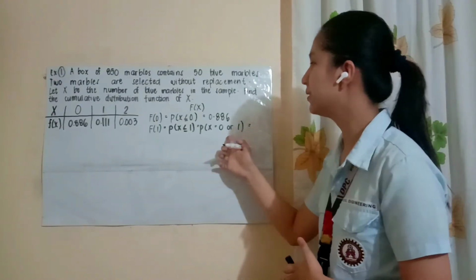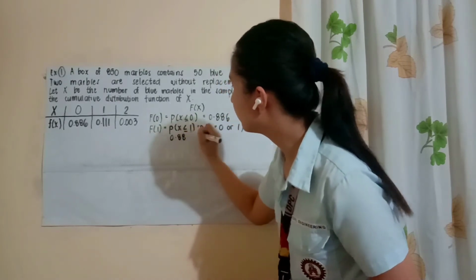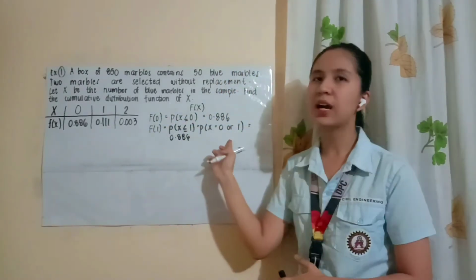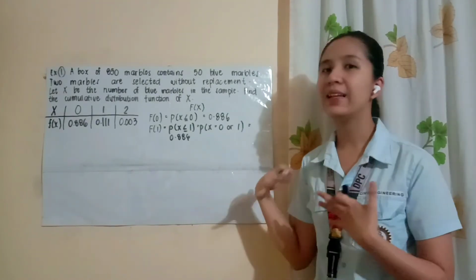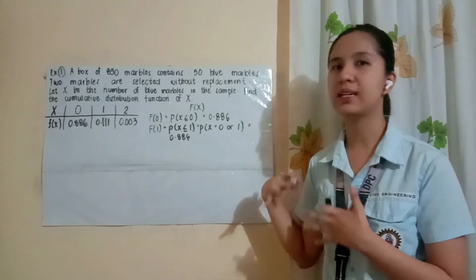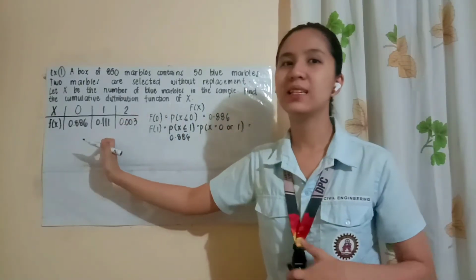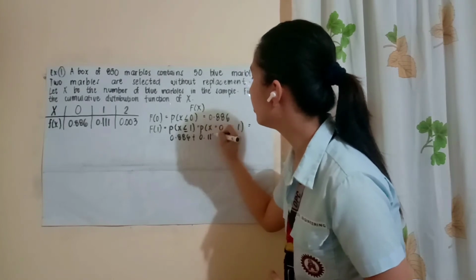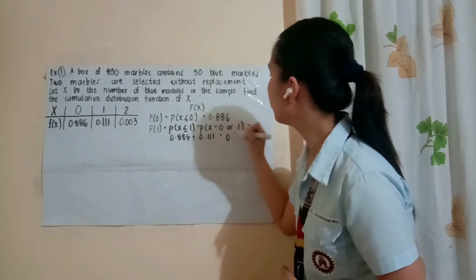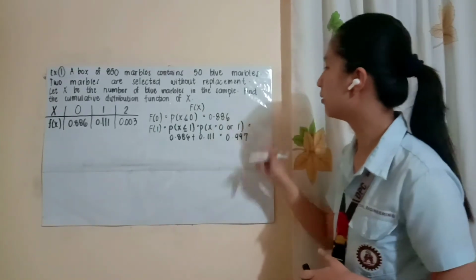First, we have the probability of 0, that is 0.886. And since or yung nakalagay dito, probability of 0 or probability of 1, we will add both of them. The probability of 1 is 0.111. So, 0.886 plus 0.111 will be equal to 0.997. So, meron na tayong next value.